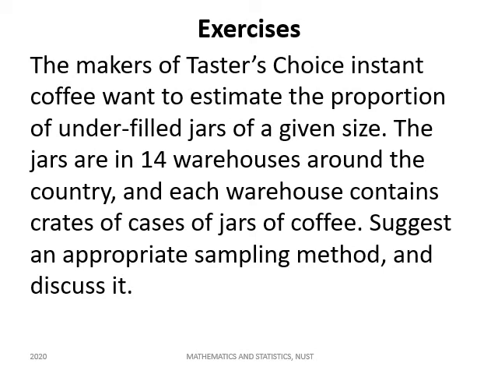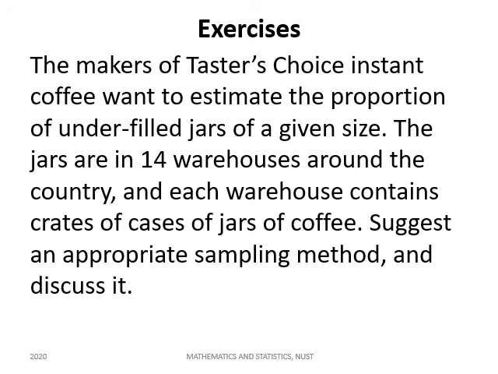Sorry, I mean stratified. Now the reason why I say stratified is because these are in different warehouses around the country. I assume they're made in those different areas around the country. So if there's a problem in the manufacturing plant, then you would notice that with all the jars that are from that manufacturing plant.